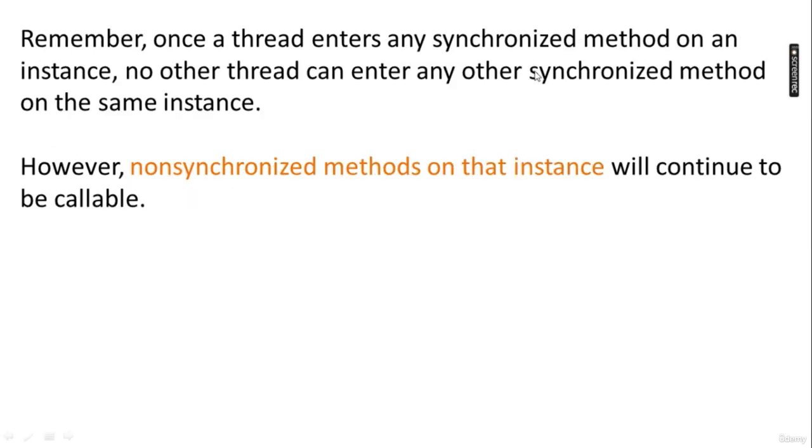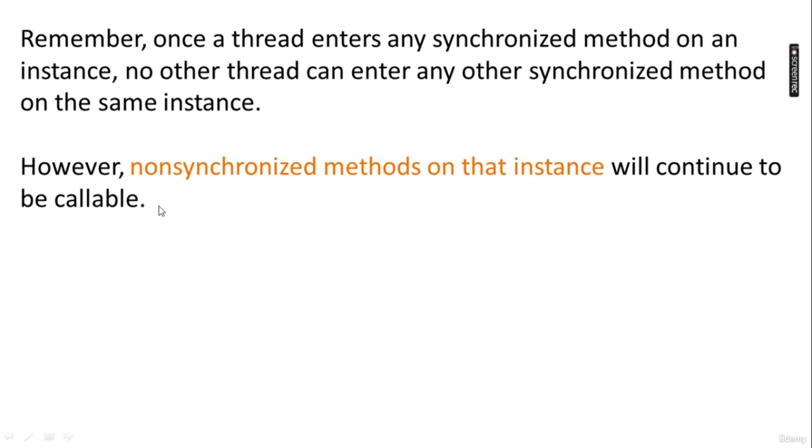Once a thread enters any synchronized method on an instance, no other thread can enter any other synchronized method on the same instance. Okay. Once you are giving a synchronized keyword, what does that mean? All other threads must be waiting unless and until it relinquishes control from that method. Non-synchronized methods on that instance will continue to be callable. Okay.